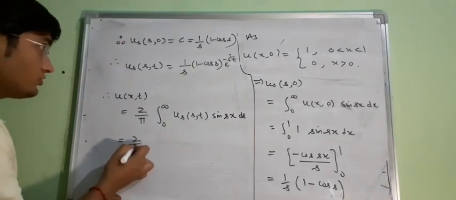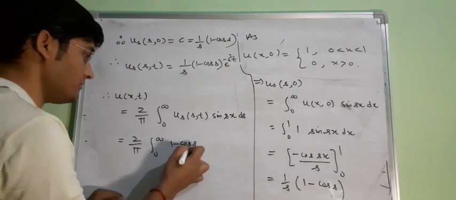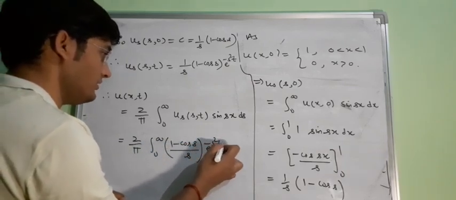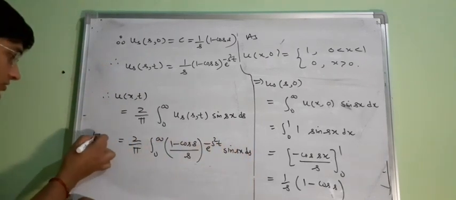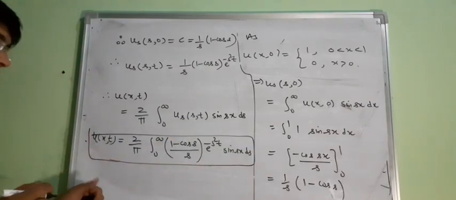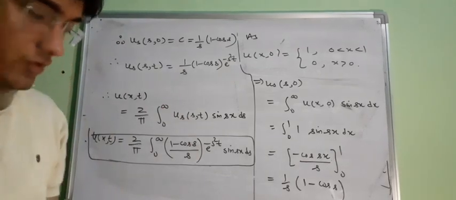So this is equal to 2 upon pi integral 0 to infinity, 1 minus cos s upon s, then e to the power minus s square t sine sx ds. So this is your answer. This is the solution of the partial differential equation.